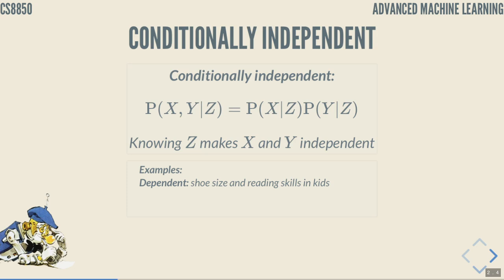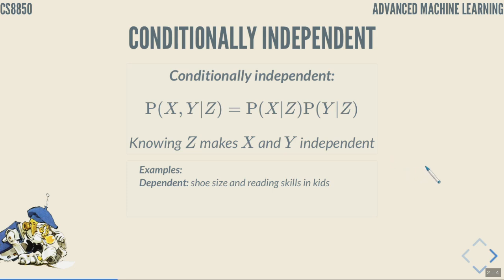You can always rely on it, and the converse holds as well. If the reading skills of a child are quite good, that means the shoe size will be larger. It's not a deterministic relationship, but the probability is very high.